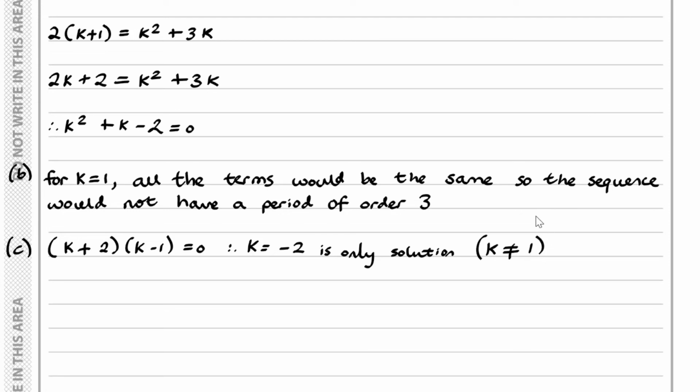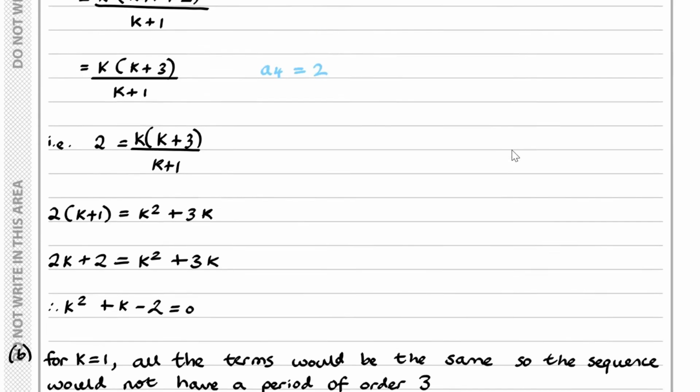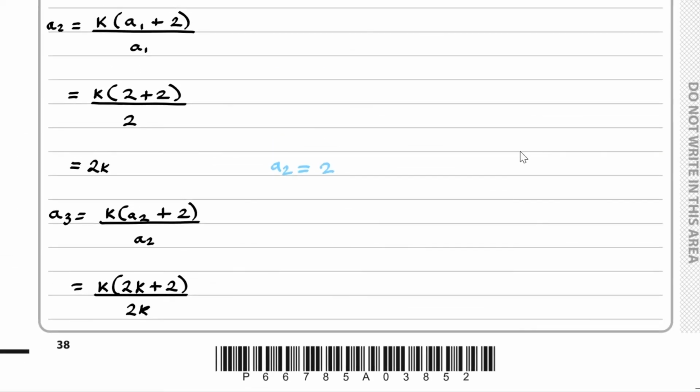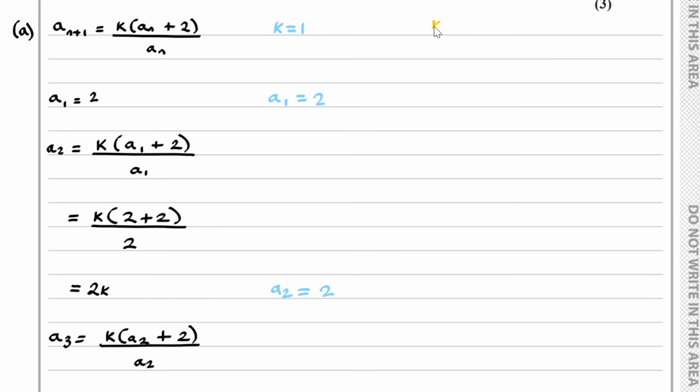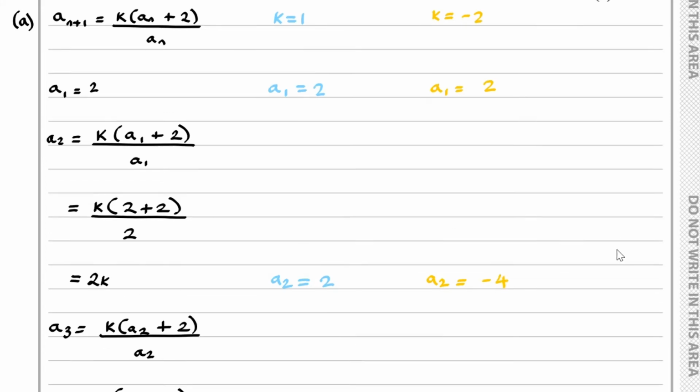That's because k cannot equal 1, so that's why we only take this solution. Now if k equals minus 2, let's see what we get. a1 will equal 2, that's not going to change. a2 will equal 2 times minus 2, which is minus 4.